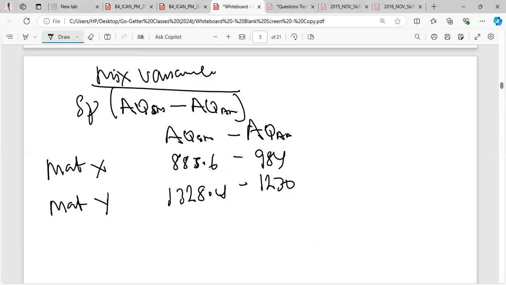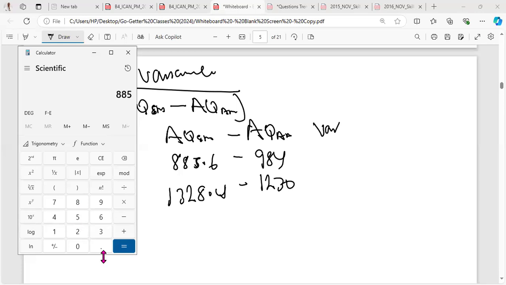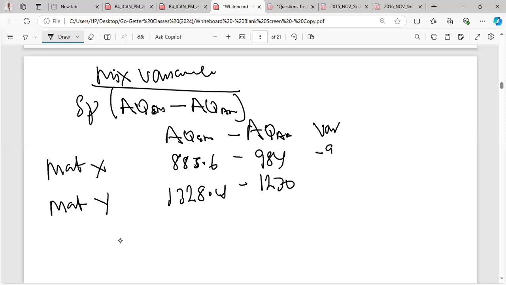Now, when you do them individually, let me say variance here. When you do them individually, 885.6 minus 984 gives you minus 98.4.